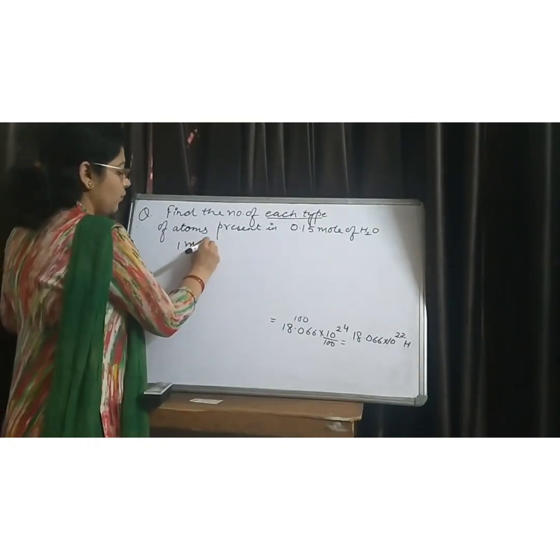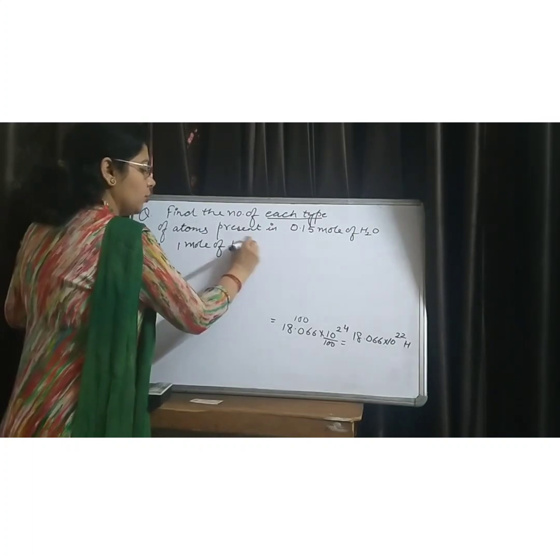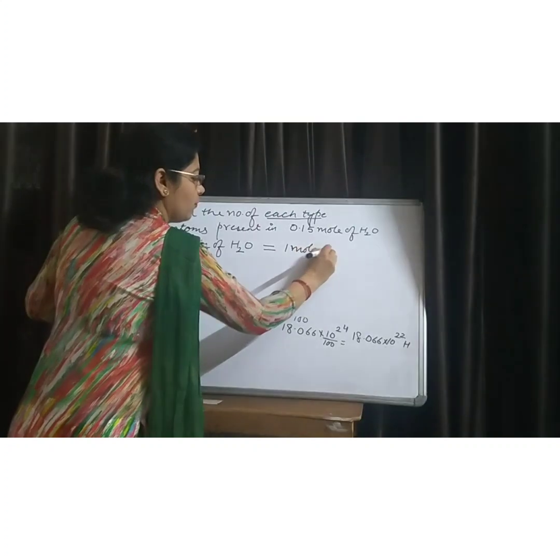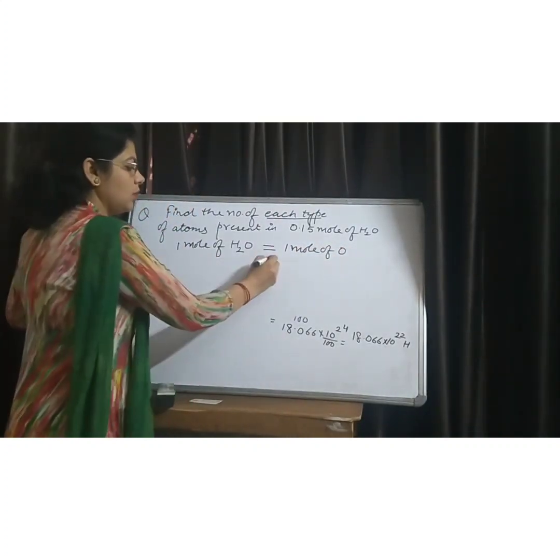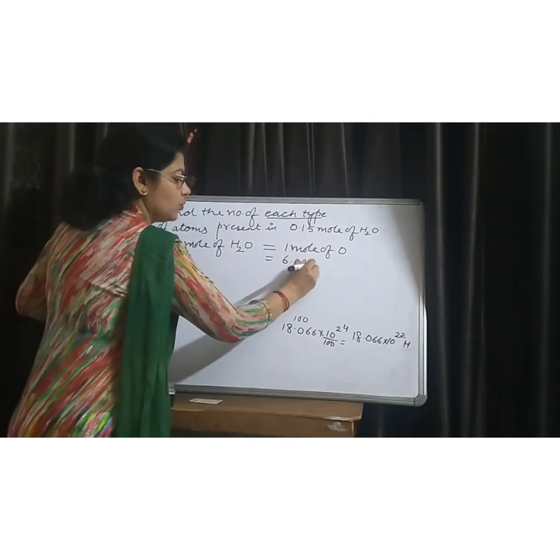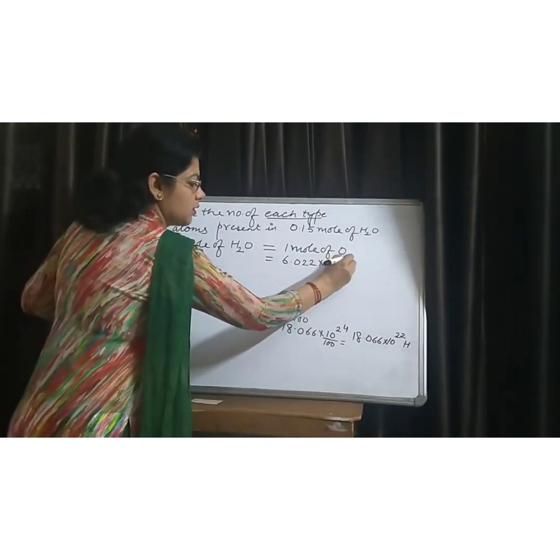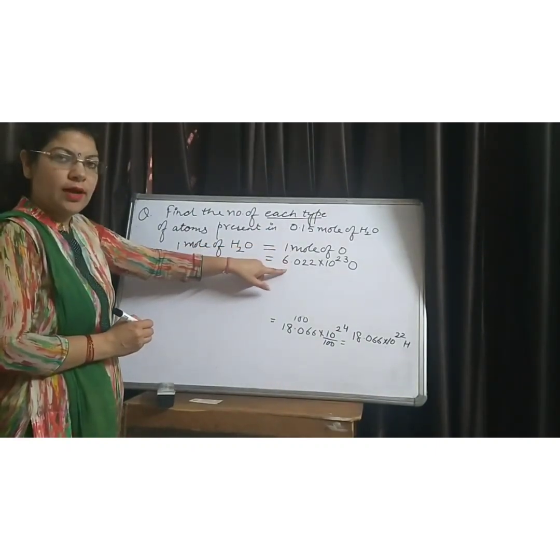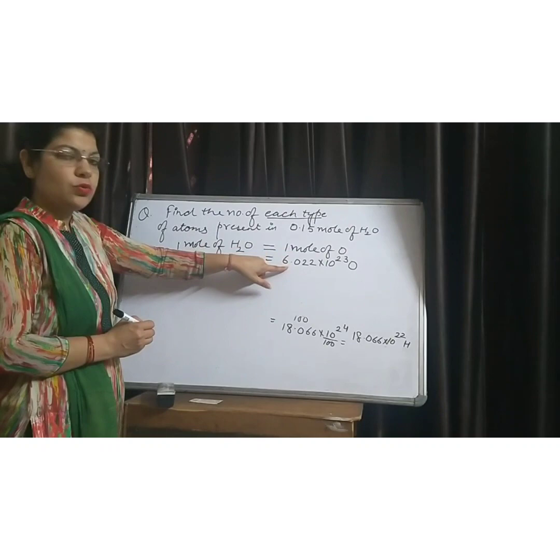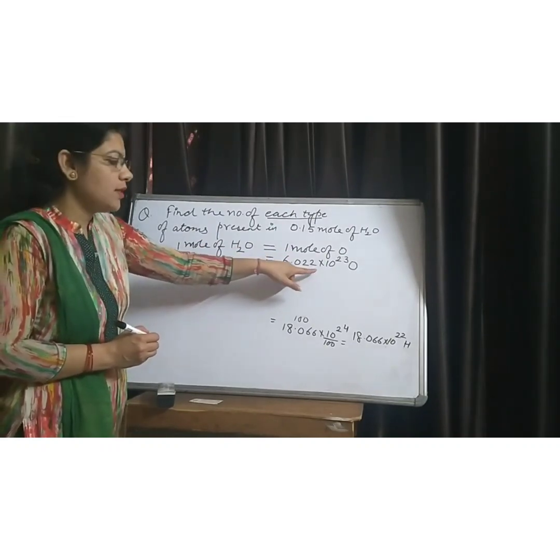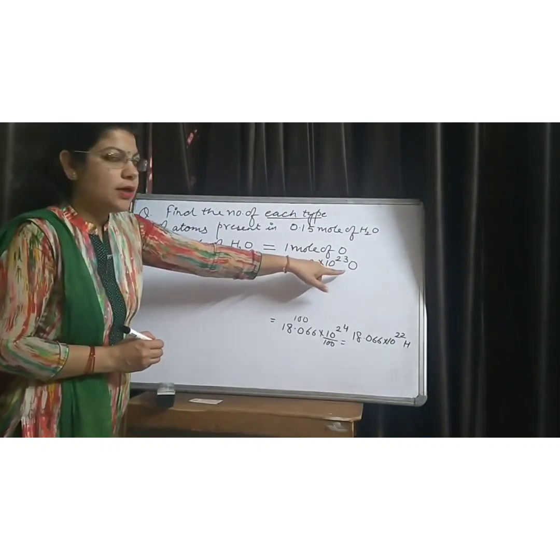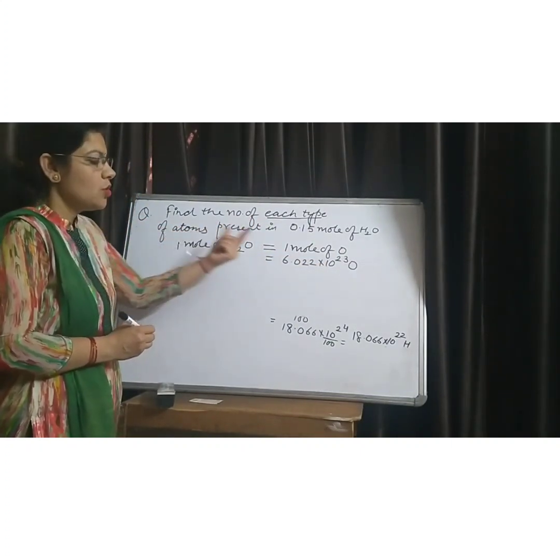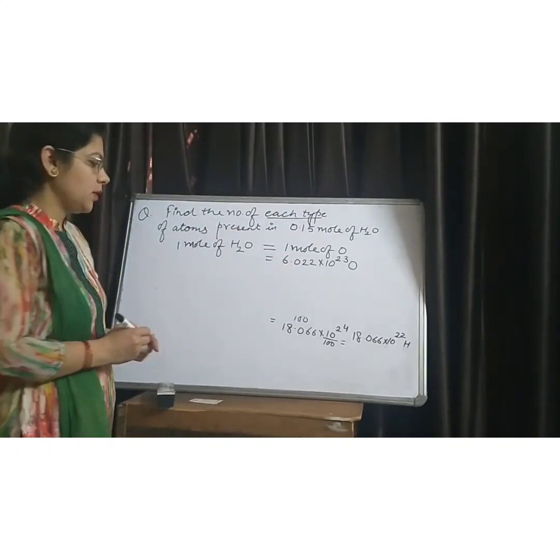One mole of water molecule contains 1 mole of oxygen, that is 6.022 into 10 raised to power 23 oxygen atoms, as 1 mole is equal to Avogadro number, or 1 mole is equal to 6.022 into 10 raised to power 23 particles. In this question we have to calculate the number of particles or number of atoms. So we put here Avogadro number.